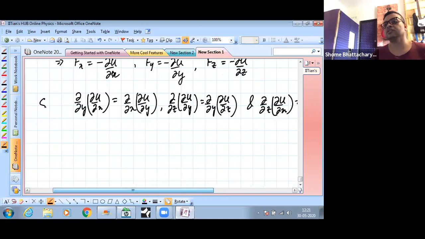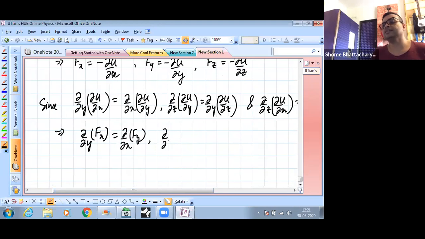So since this is the case, it implies that del by del y of fx must be equal to del by del x of fy. Simultaneously, del by del z of fx must be equal to this partial gradient.